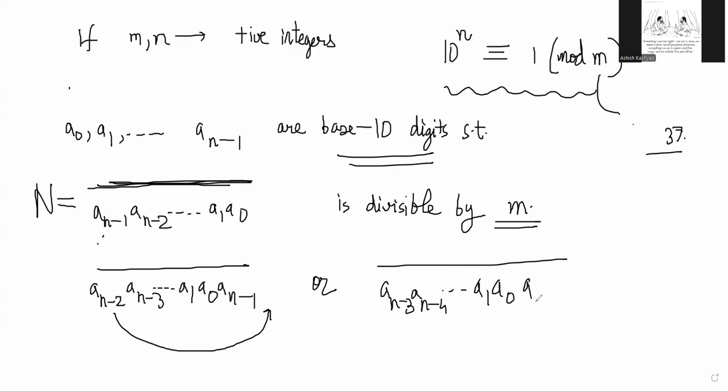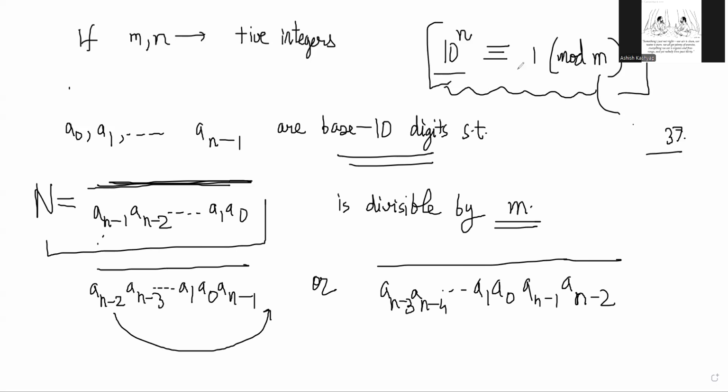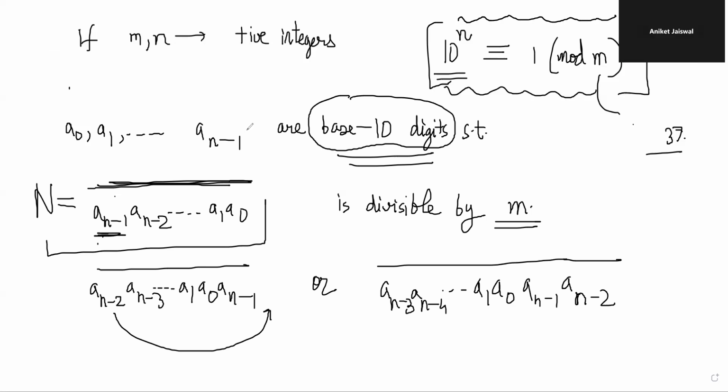That is the exact same proof that we have just now done for 37. Just multiply by 10, 10, 10. Because this condition was happening, 10 power n is 1 mod m, and when we are talking about base 10 digits, everywhere you have powers of 10 only. You have 10 power n minus 1 here, so you need to multiply by 10 to use this result. Correct?